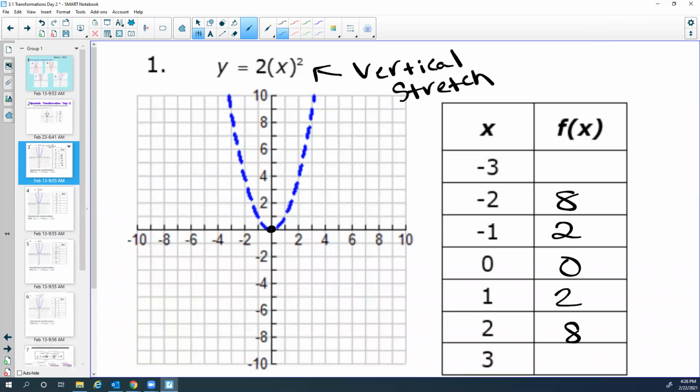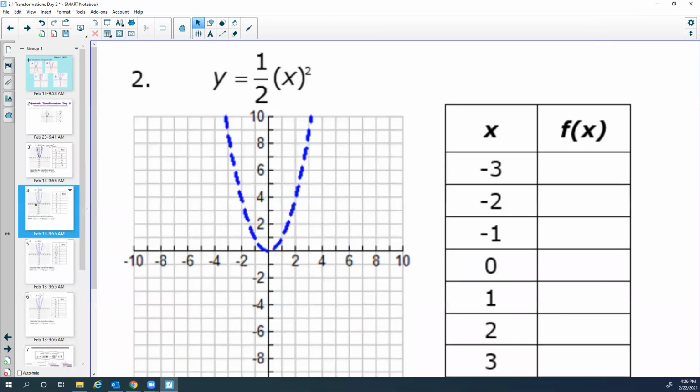So my vertex did not change at all, but my coordinate of -1, 1 now became -1, 2. And same thing here, 1, 2, and -2, 8. It got smaller. It vertically stretched.